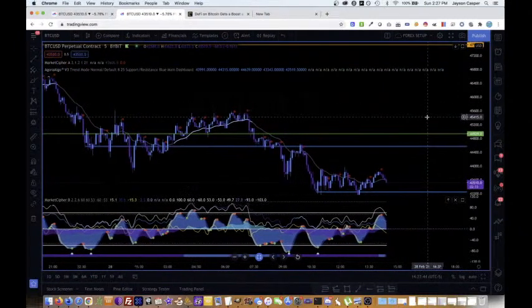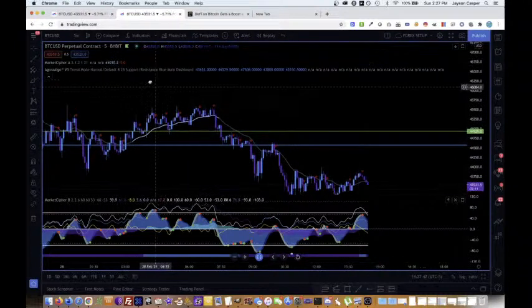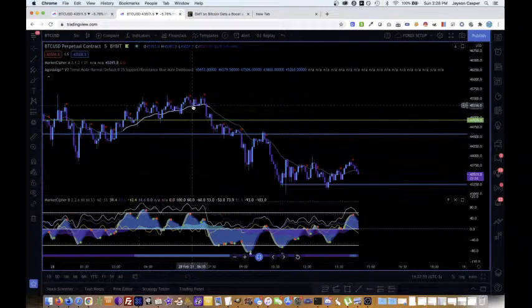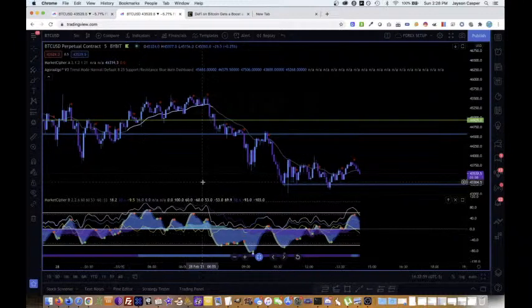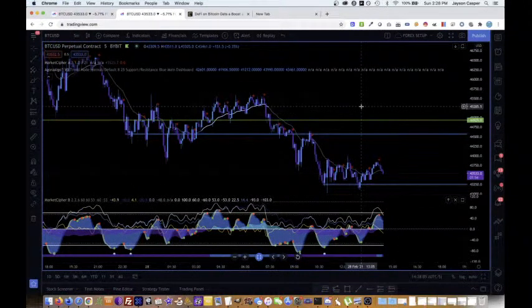So right here, I'm going to be looking for multiple things. I just made a video about this, I'm going to be looking for confluence between my moving average, between Market Cipher B, and support and resistance. Now, we had this level right here.